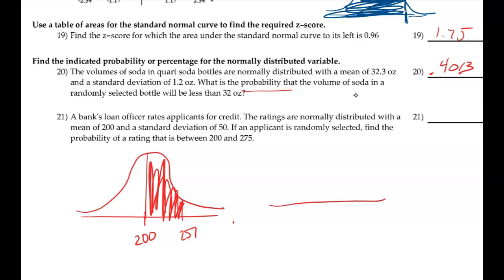Well, we've got to standardize it. The 200 becomes 0. And 275, not 257, is, let's see, 275 minus 200 divided by the standard deviation of 50.